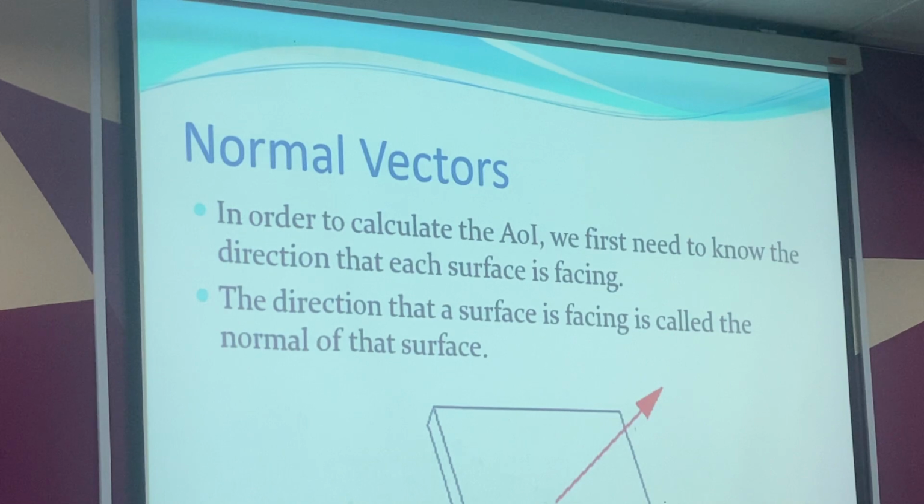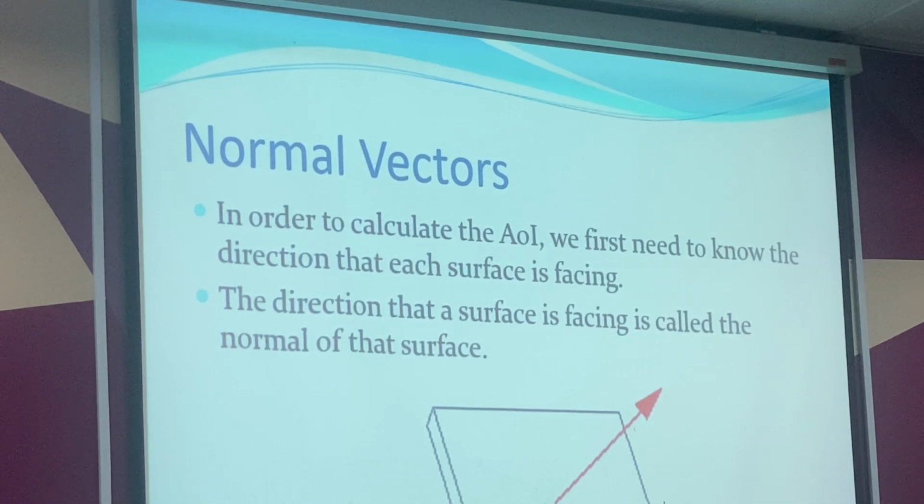In order to calculate the AOI, we first need to know the direction that each surface is facing. Normally the surface that directly faces the light source will look brighter. Now the light is at the top, so the surface on top will look brighter. The one at the bottom will look dark.